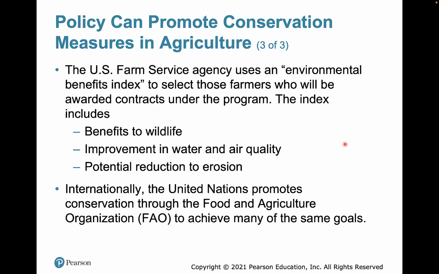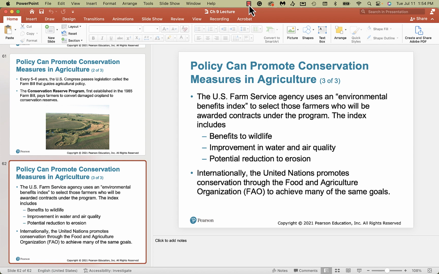We use policy to select farmers who are going to be awarded that contract, depending on what the farmer's trying to do. And we even have international agencies that promote conservation through the Food and Agriculture Organization. They're trying to achieve a lot of the same goals. All right, we have gone through the underpinnings of agriculture, and we are ready to foray into the last chapter of the course.